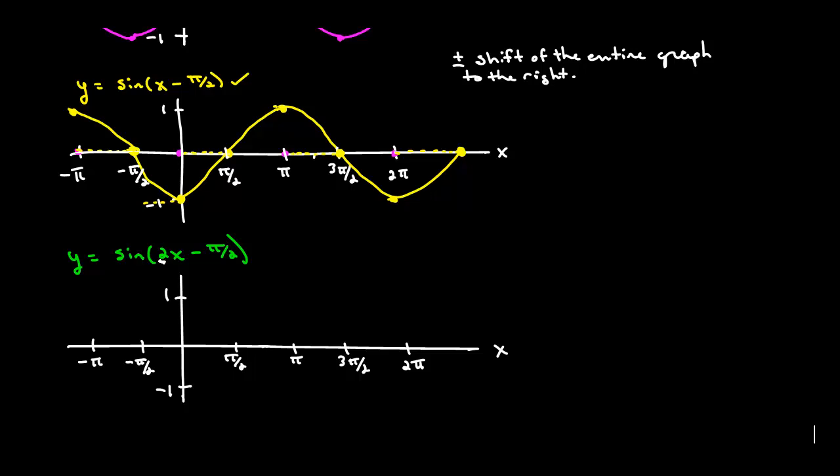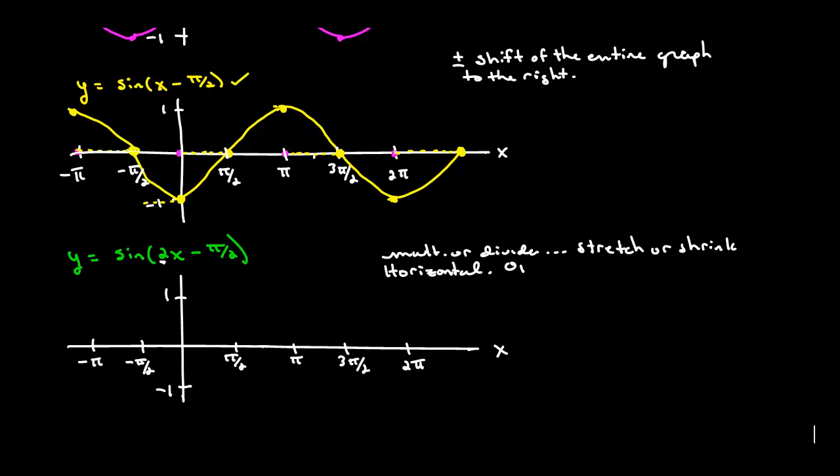What this 2 does is it changes this yellow function, and normally when we multiply or divide, we think about that as a stretch or a compression, stretch or shrink. Because it's happening on the inside, that means it's a horizontal stretch or a shrink. Okay, so multiplying on the inside of the parentheses means horizontal stretch or shrink.